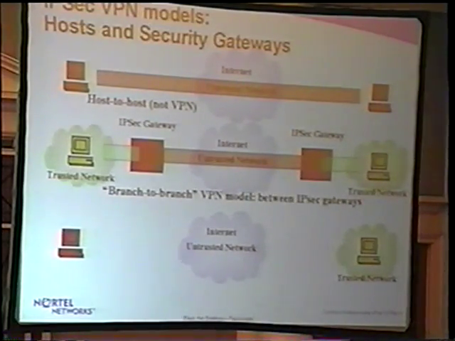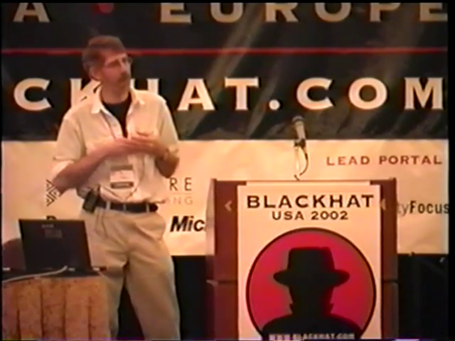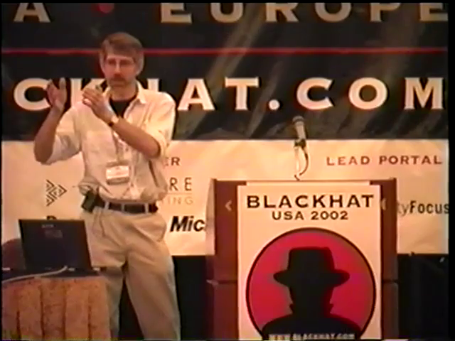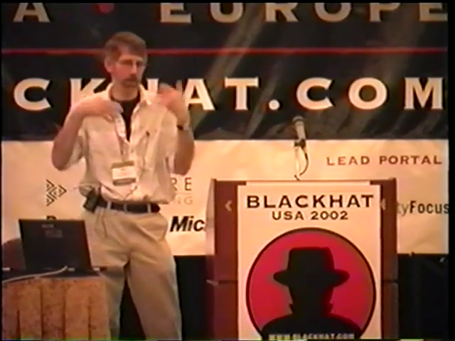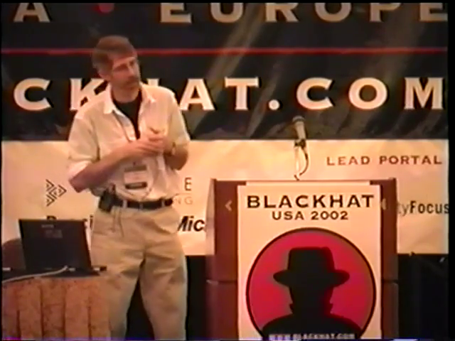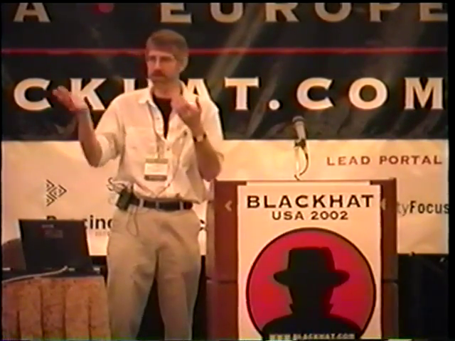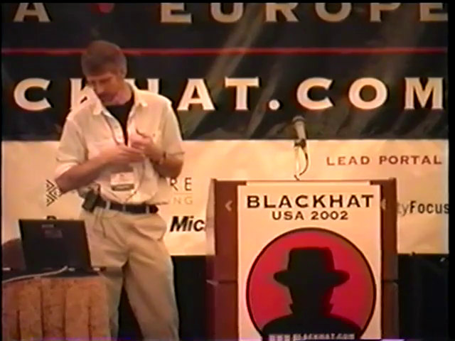The branch-to-branch or site-to-site VPN is probably the most popular. And that's the basic model here. You have IPsec gateways that connect each of the trusted networks to the internet or to an untrusted network. This could be a carrier's network. So a lot of times, even if you have a carrier providing all of the IP transport, you may still want to use IPsec across the carrier's backbone.